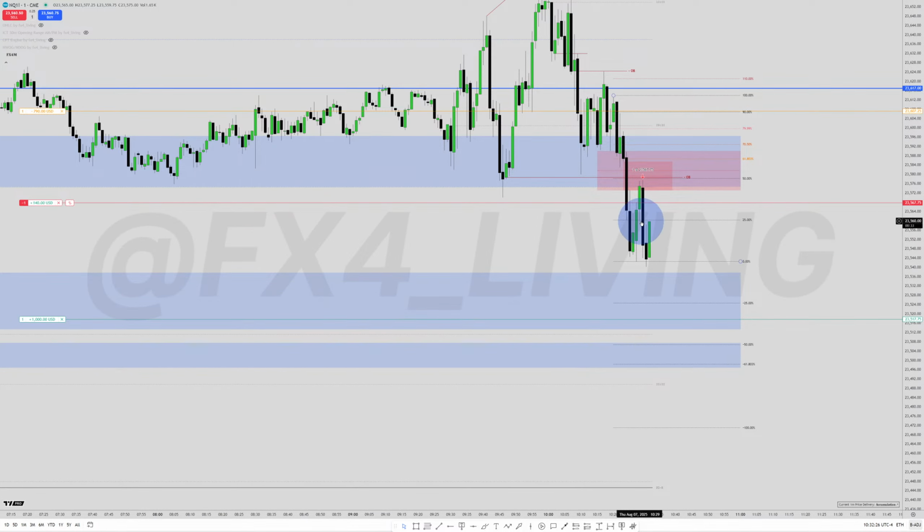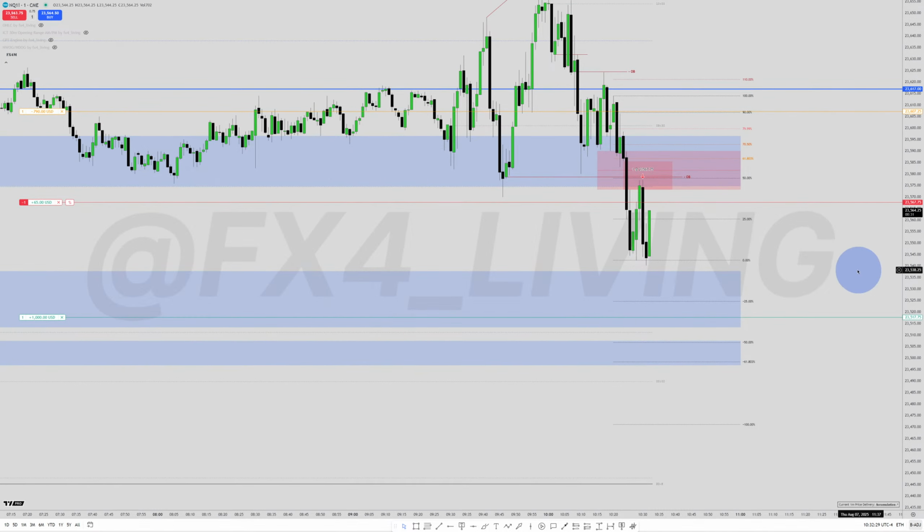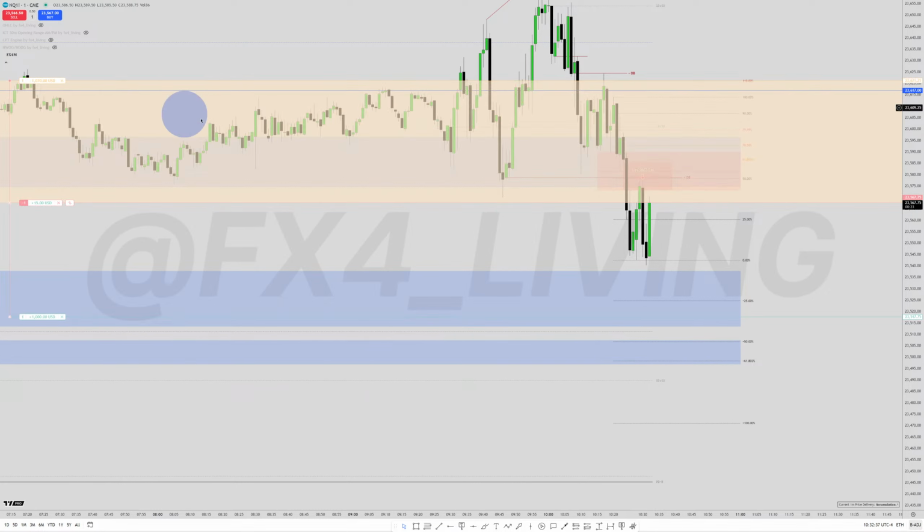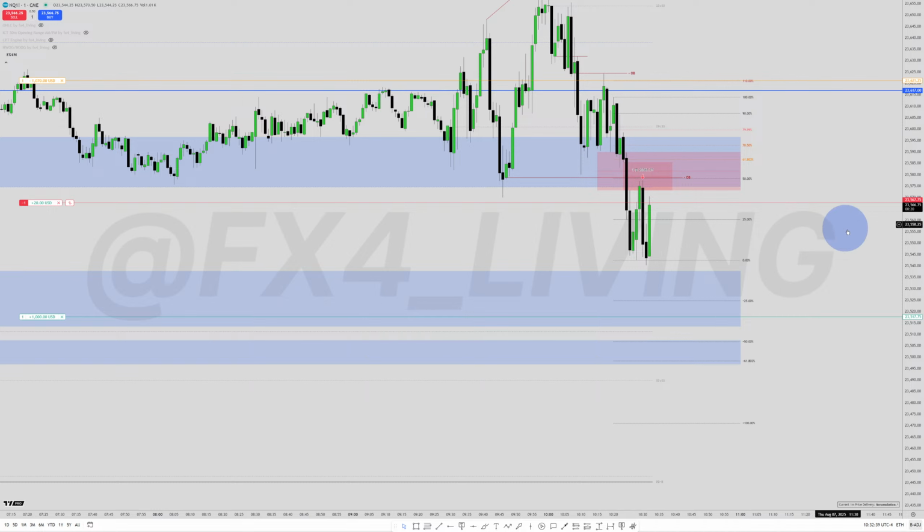A small imbalance right here. You see now we're giving back everything, right? I'll put my original stop on that, not because I'm scared, just because there's liquidity here and I want to beat that guy. But if he goes above that 61, I'll just re-short a little bit more.